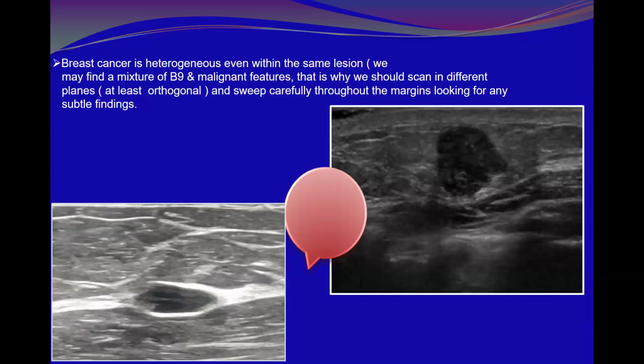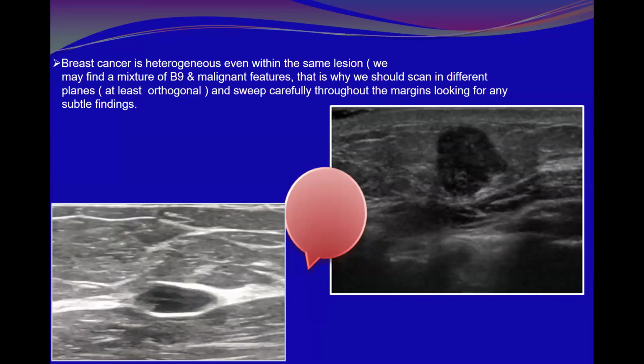Breast cancer, as you know, is heterogeneous. One mass representing cancer is totally different from another one. There are a lot of variations in the presentation of breast masses representing breast cancer.